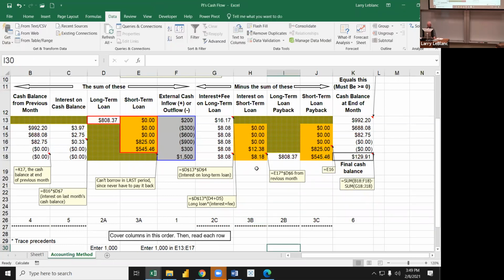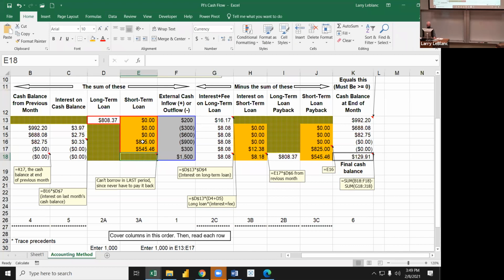Let me demonstrate something. Suppose I included E18 as a changing cell. Why don't I just copy the format? So now the red border includes, it's a little sloppy. I don't need that horizontal border, but that's not important.